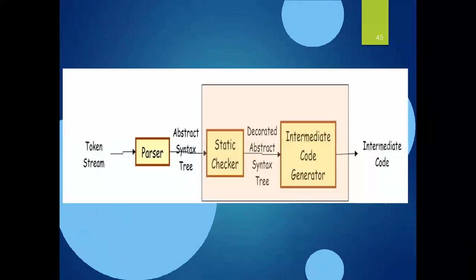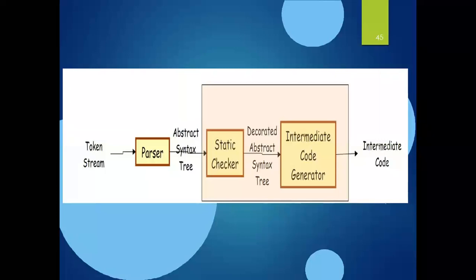And here we have the role of the type checker. The type checker can also be called a static checker. This is the role of the type checker. It initially starts with the source program. Here my source input is a stream of tokens, and those tokens are given to the parser as input. By performing the parsing techniques, finally I generate an output in the form of a parse tree, which we also call an abstract syntax tree.